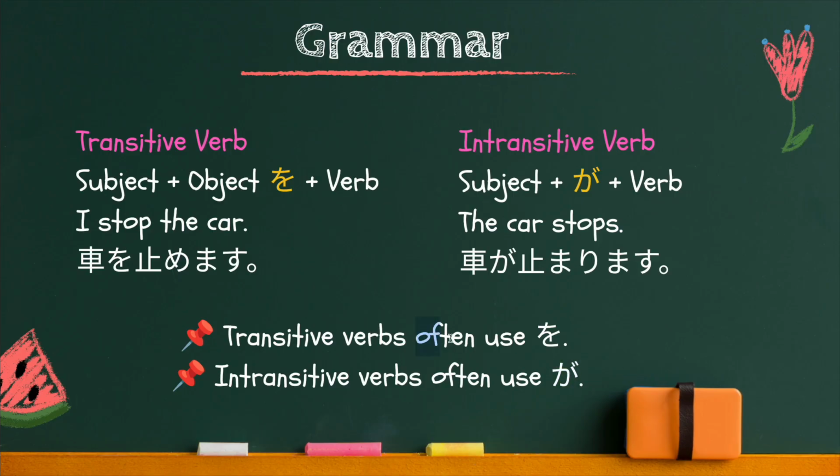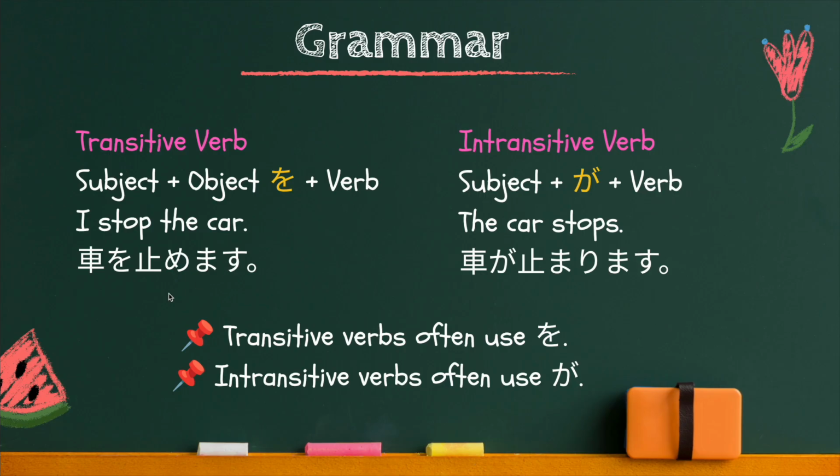It says often because there are cases where wa particle is used instead. So for instance, instead of saying 車を止めます, depending on the situation, you can also say 車は止めます. Wa is a special particle called topic marker.